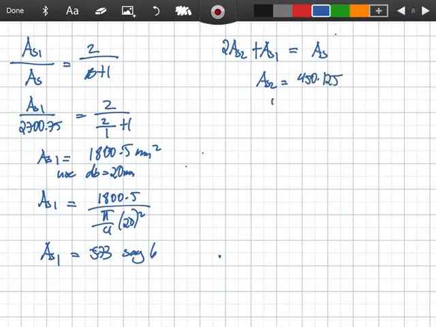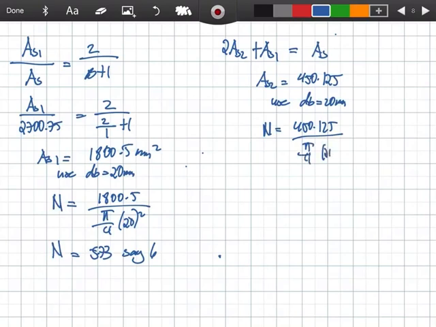So, use dB 20 mm. N naman niya is, mali pala ito, but AS pa rin to. It should be N. N is equal to 450.125 over pi over 4 times 20 squared. Ano siya? 1.43. Say 2.